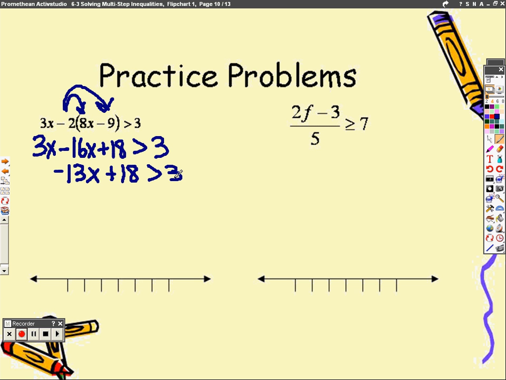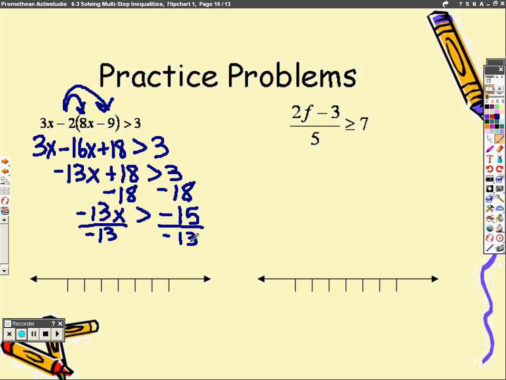And my next step is to get that variable by itself. In order to do that, I have to subtract 18. And I end up with negative 13x is greater than negative 15. Last step is to get the variable by itself, so I divide by negative 13 on both sides.